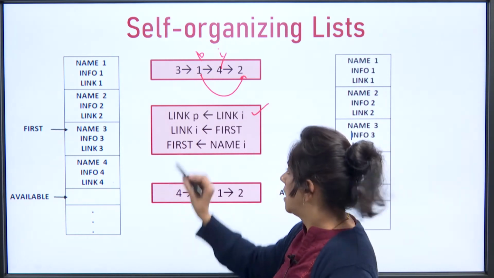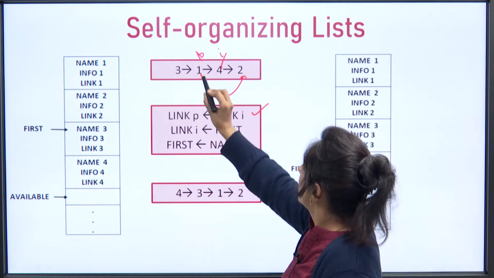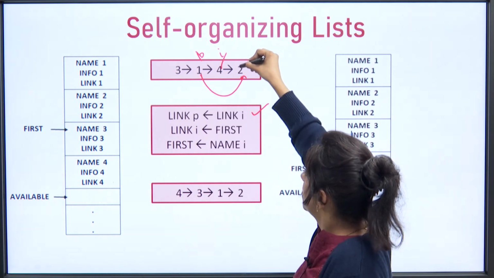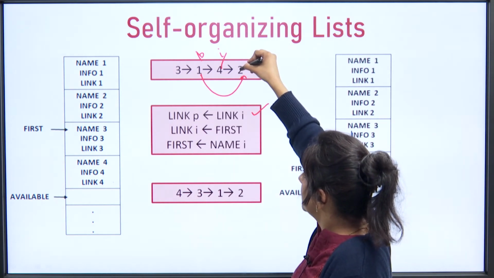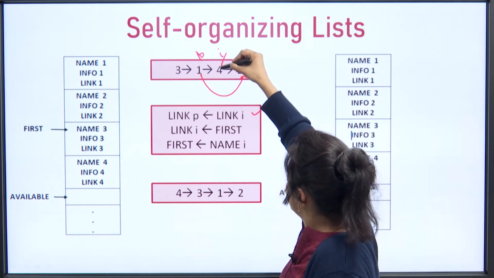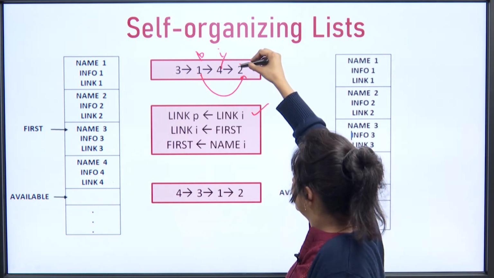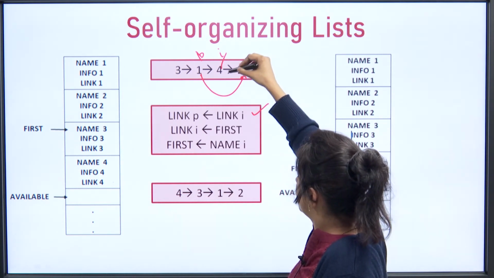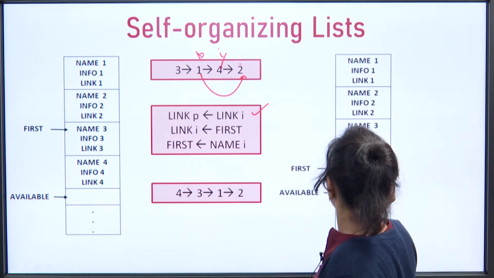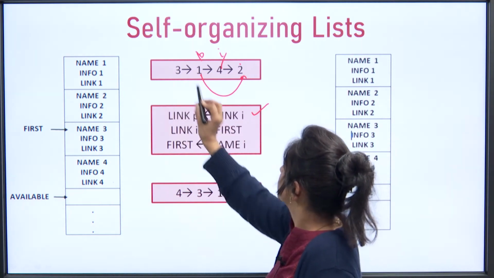Next, first will be assigned to the link of I. The link of I is this node actually. Now first will be assigned to this, meaning 4, and first is what? First is 3.